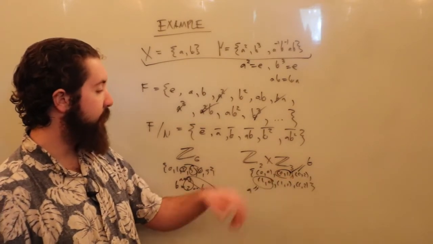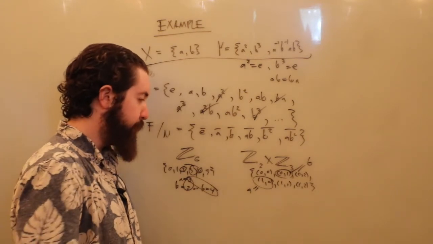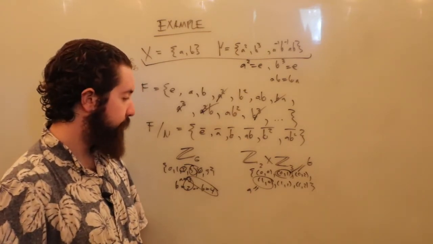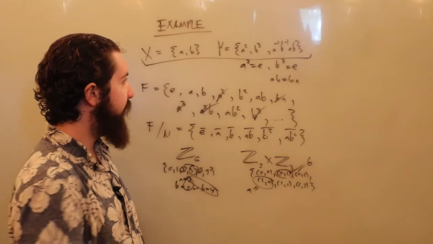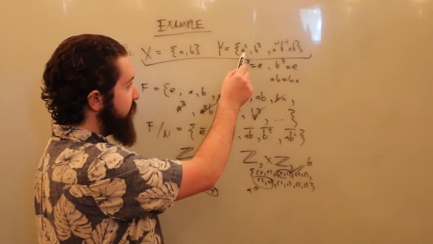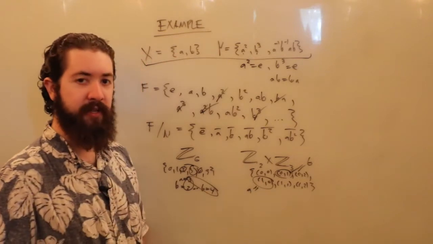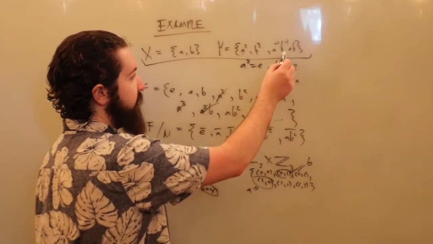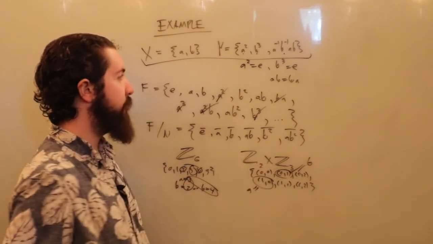So when you multiply it by 3, mod 3, it will be the identity. Okay, so we have an A and a B such that these two are satisfied, and we know that the direct product of abelian groups is an abelian group, so this is also satisfied. So it looks like this one works too.